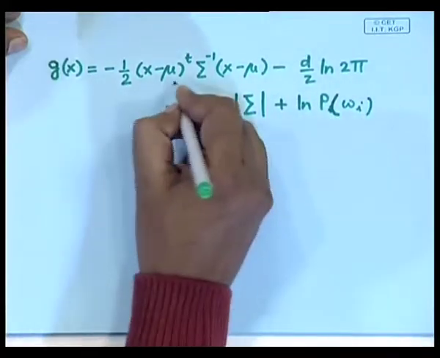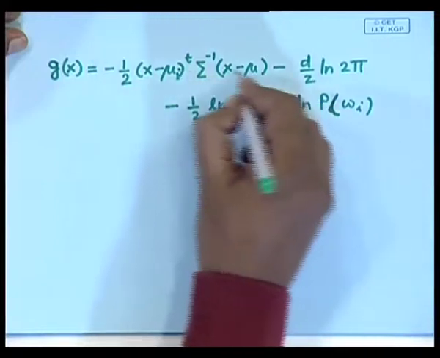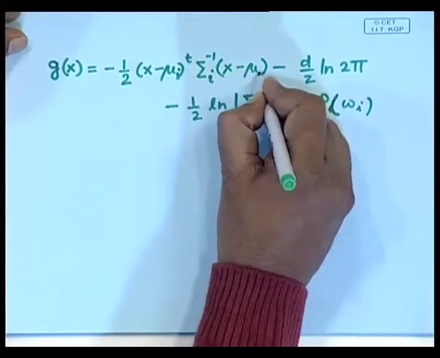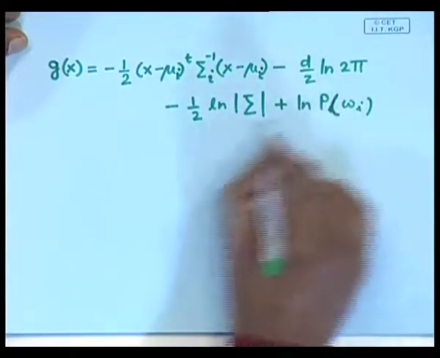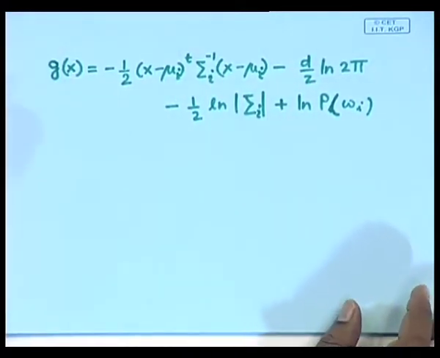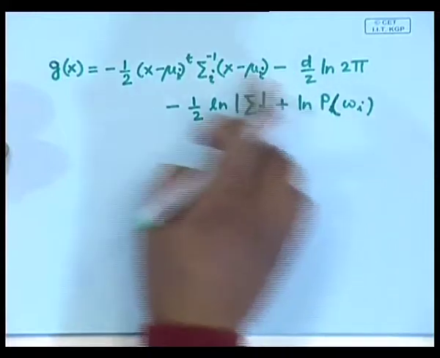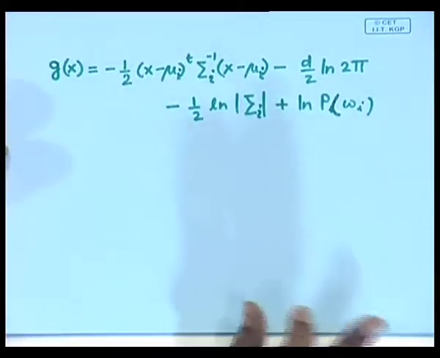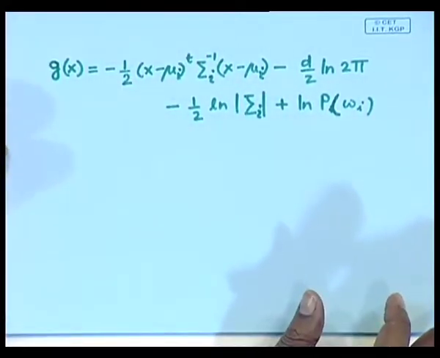All these have to be i: (x minus mu i) transpose sigma i inverse into (x minus mu i), and this is sigma i. So, this was the discriminating function for the ith class.